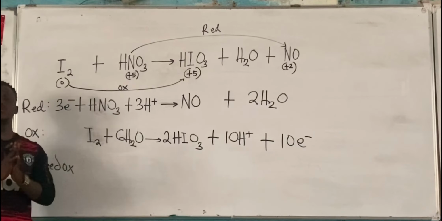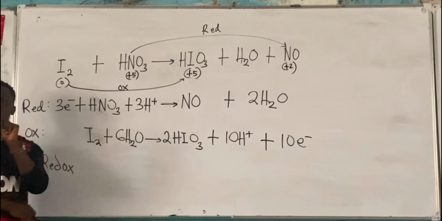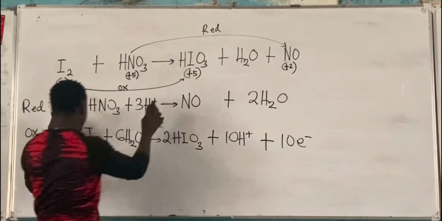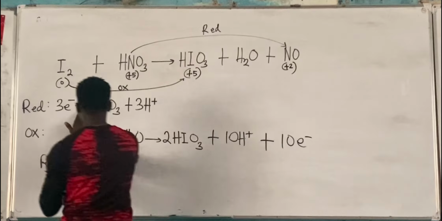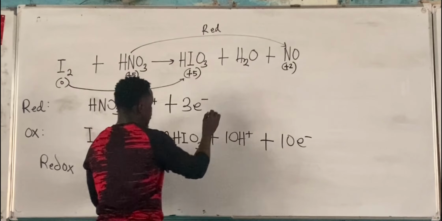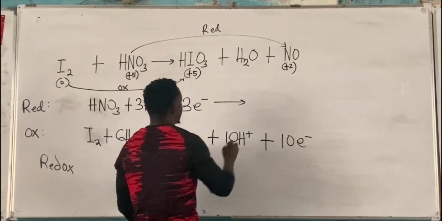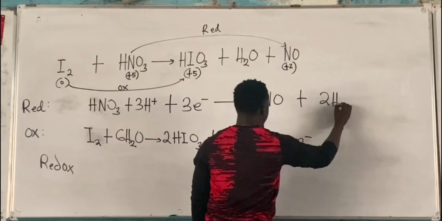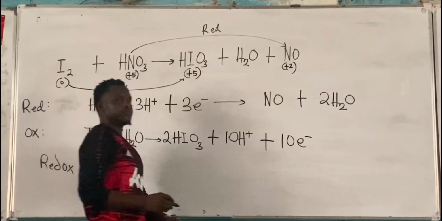Now the last rule says use coefficient to ensure that the electron gain is equal to electron loss. Let me rewrite this and put the electron on this side. Let me remove the electron here and say plus 3 electrons. Alright.